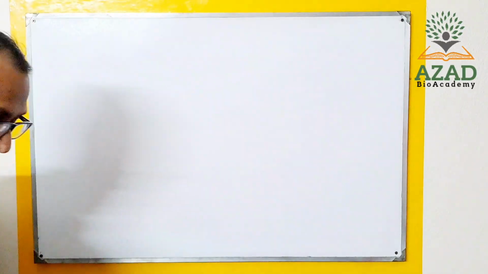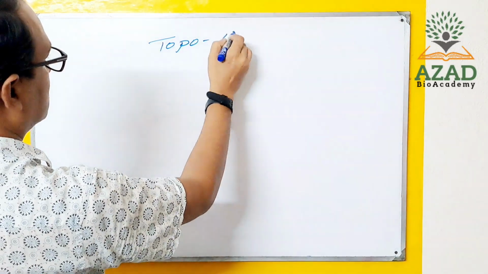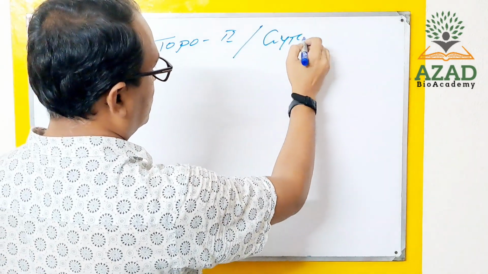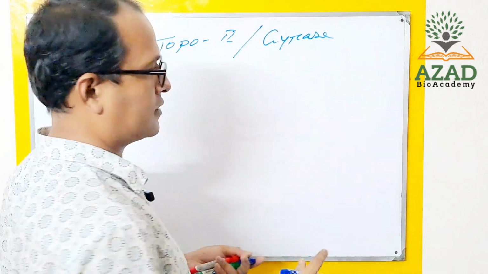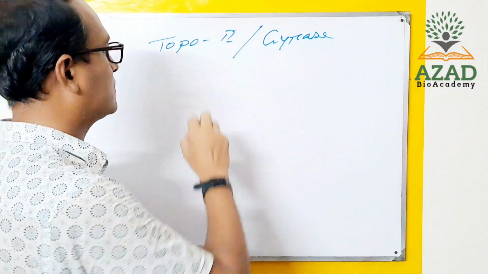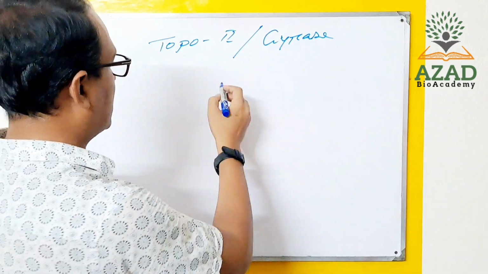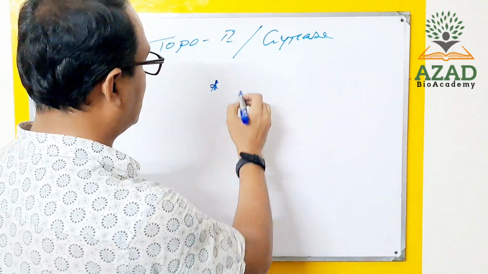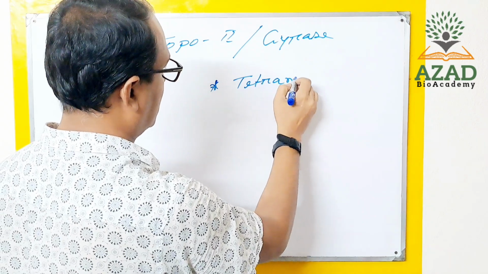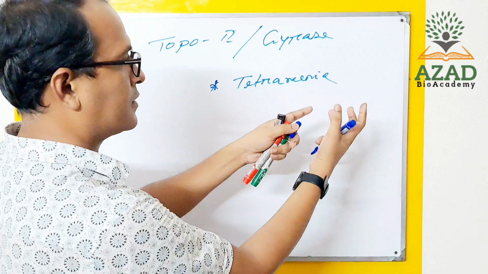Now, topoisomerase 2. Another name is the gyrase enzyme, and sometimes it is called the gyrase enzyme. Okay, so this topoisomerase enzyme has some characteristics. It is basically tetrameric, and it has two subunits, dimer and dimer.